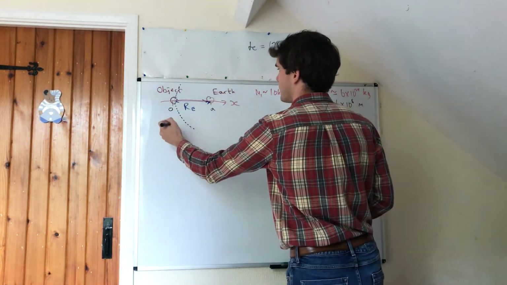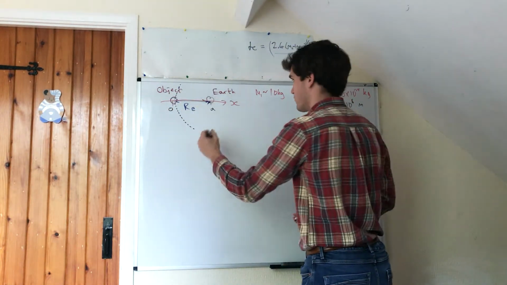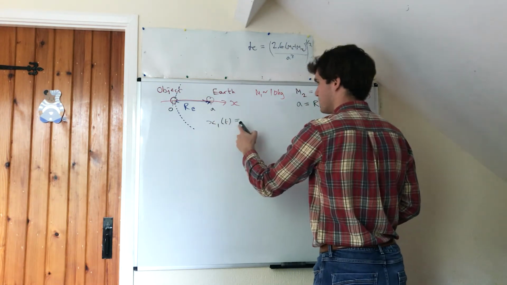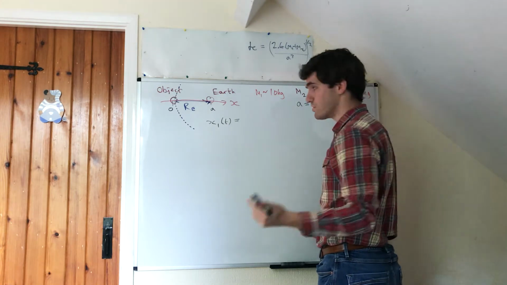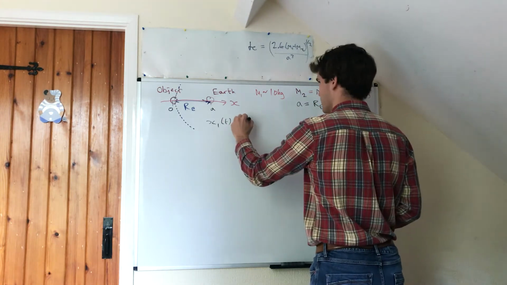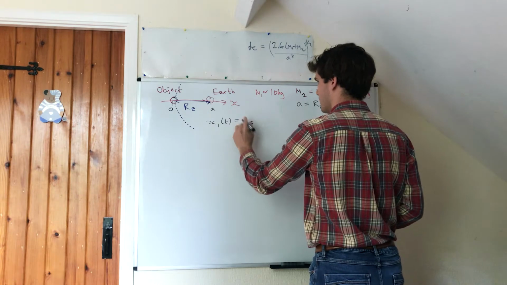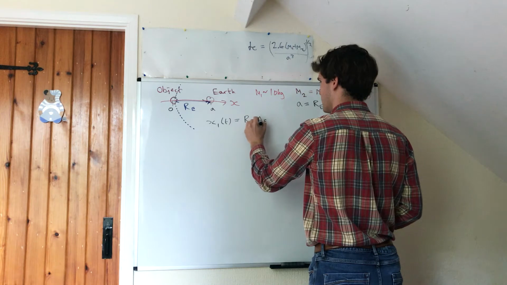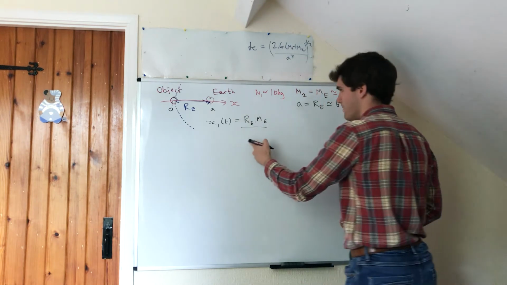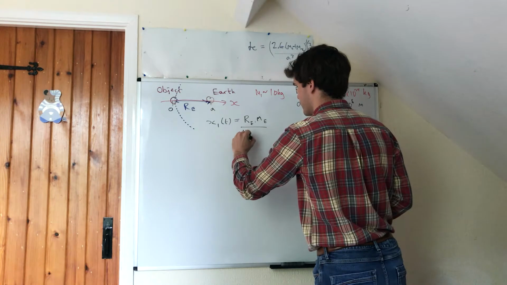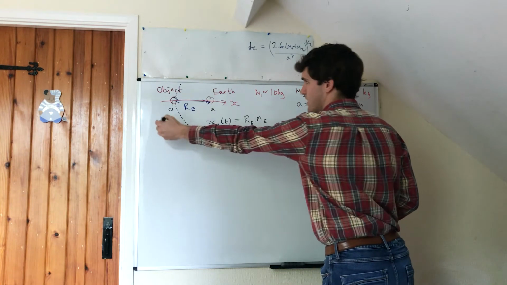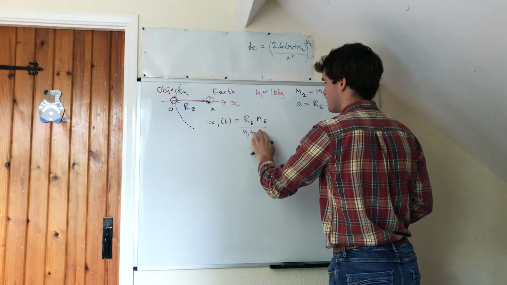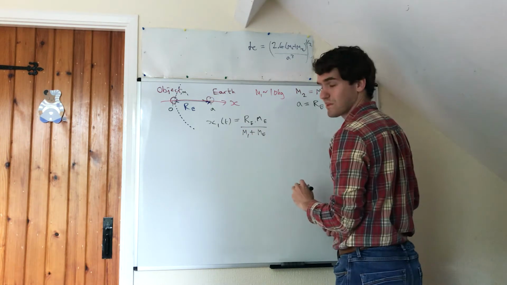So we know that the object's trajectory looks like x1 of t is equal to a times m2, where a is re, the radius of the Earth, times m2, the mass of the Earth, divided by m1, let's just call the mass of the object m1, plus m2, the mass of the Earth.